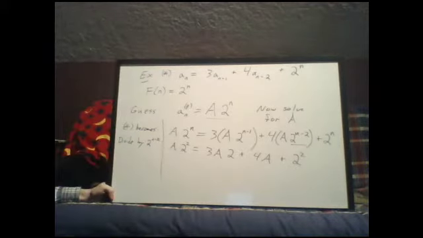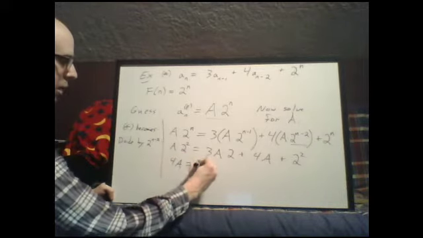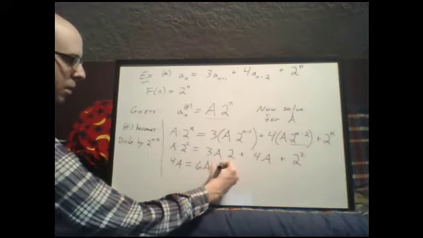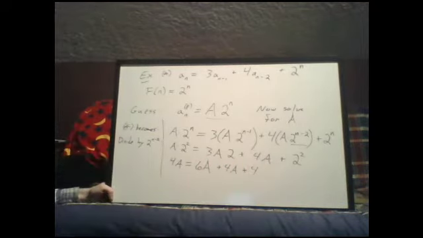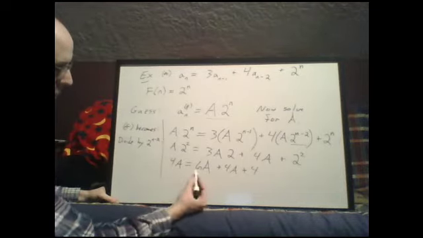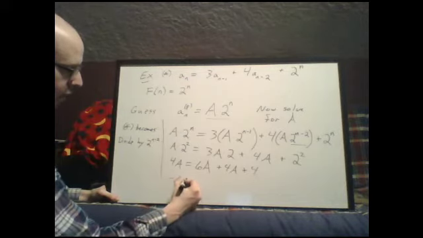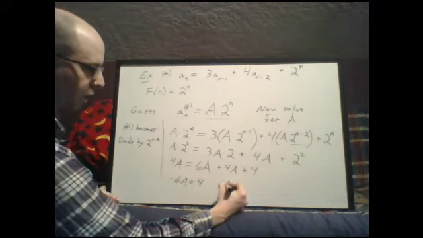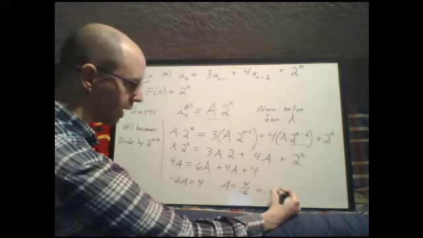Okay, so that tells us 4a equals 6a plus 4a plus 4. That's a simple algebra equation. Now we can solve that for a. So if I subtract 4a and 6a, I get negative 6a equals 4. So a equals 4 over negative 6, which is negative 2/3.